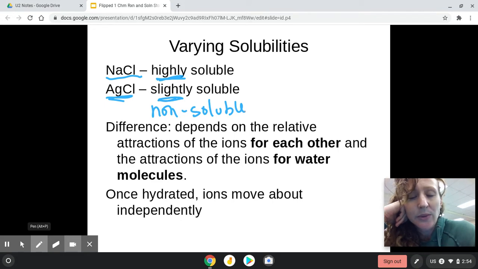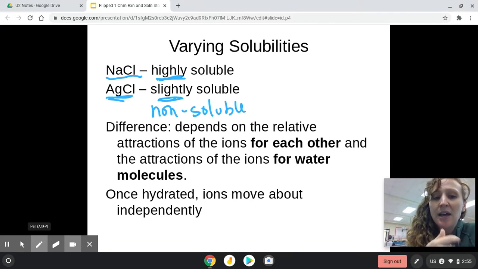Now it's really, really difficult to predict which salts are going to be highly soluble, slightly soluble, or non-soluble. If you are looking at a molecule or a periodic table, the interactions are just too complicated to make a prediction as to what kind of a salt it's going to be.